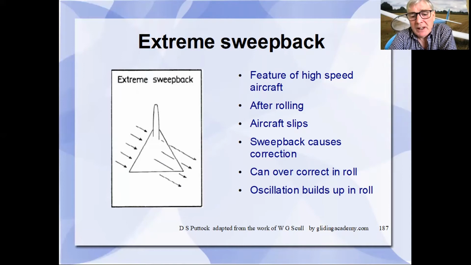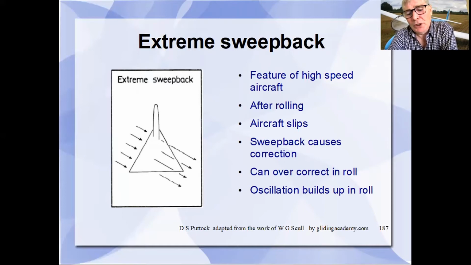That sweep back then causes this correction, so that downgoing wing wants to go back up again, but it tends to overcorrect. So in overcorrecting, the right wing will go down and the aircraft will then start to slip to the right, and that reverses the situation.